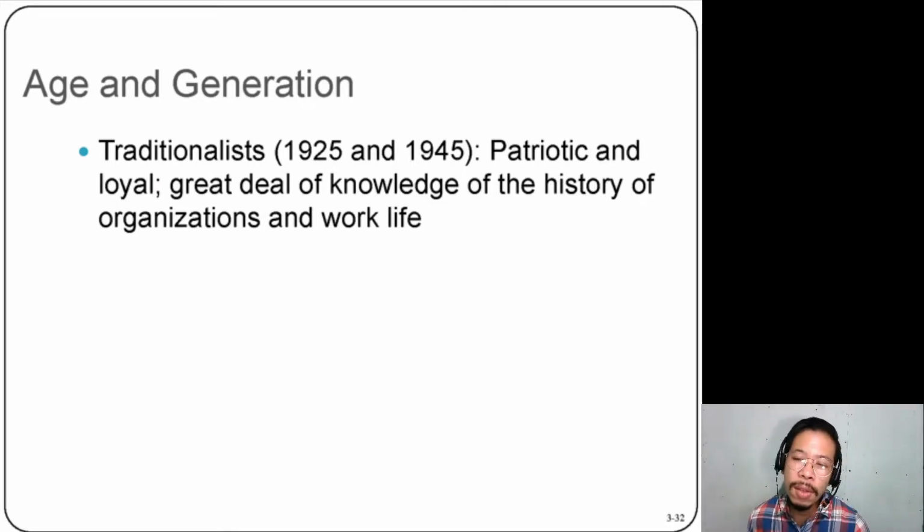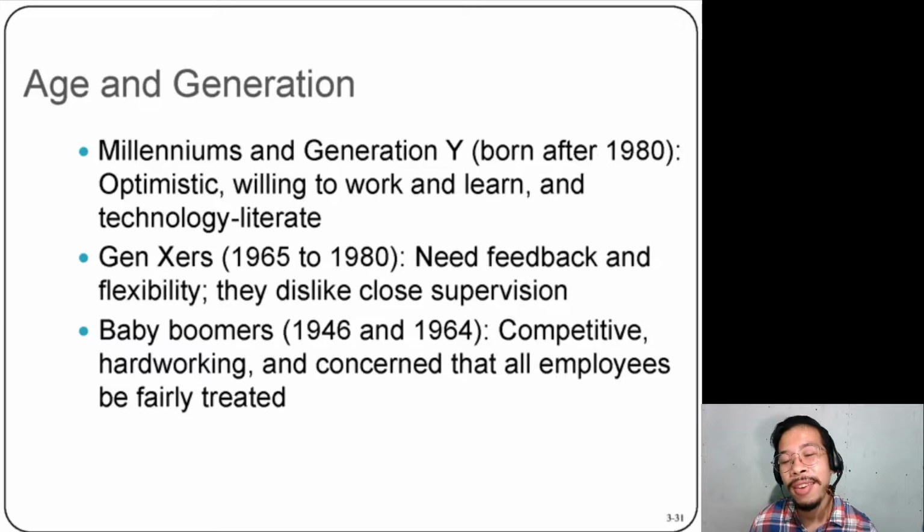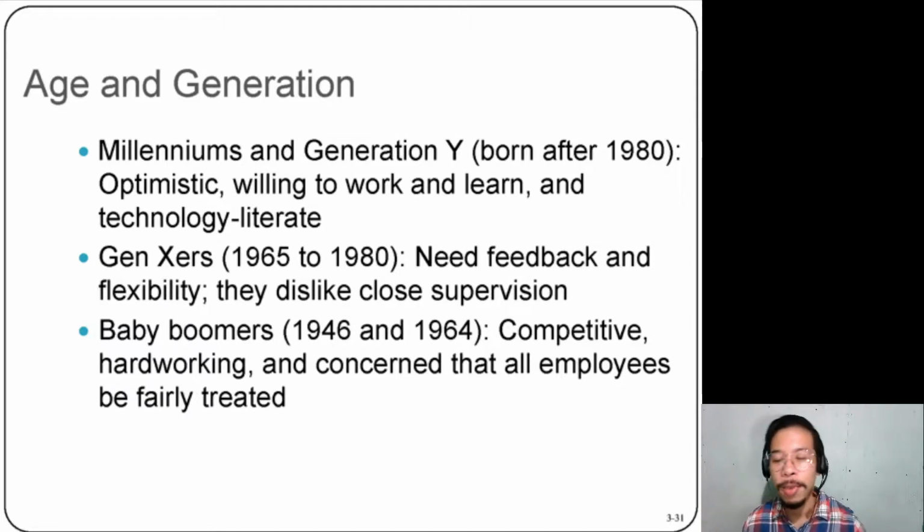So what do you think would be the implications of diversity in the ages in the workforce in conducting needs assessment in the context of training and development? Please let me know your answers in the comment section below. I'll be willing to answer your questions and suggestions, or you can start with statements. Then hopefully I can reply to your answers.